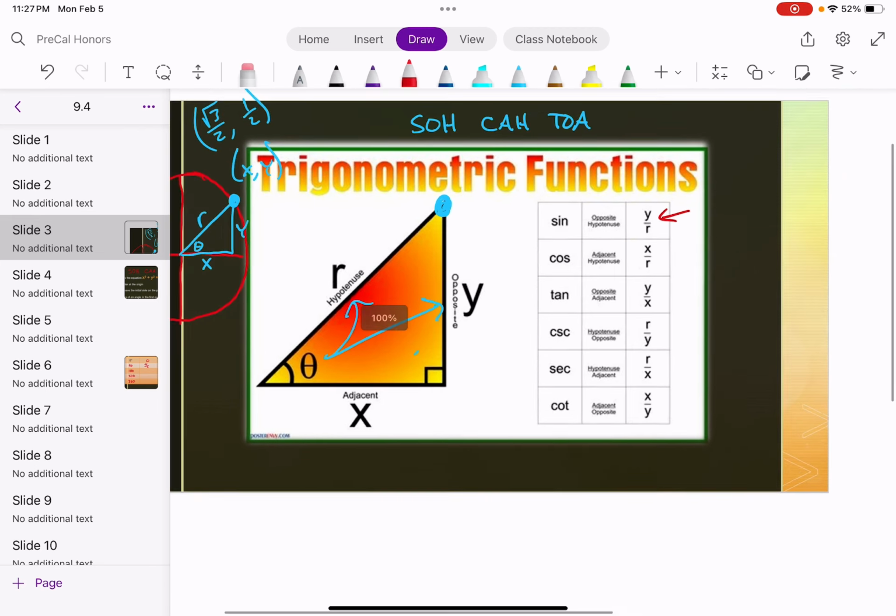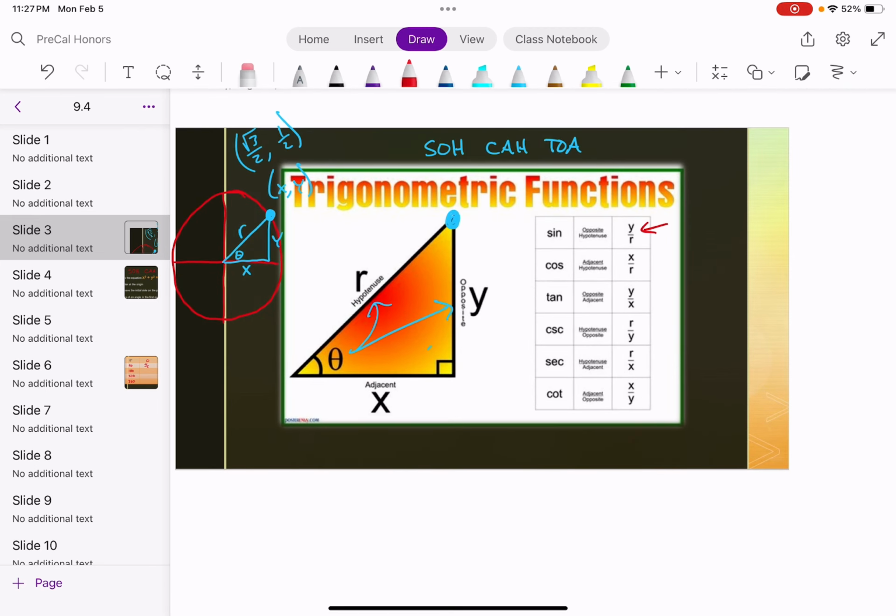And that can be done for every single one of your trig functions, whether it's sine, cosine, tangent, or your inverses. Now the inverses are a little bit easier to remember because remember, you're just looking at the reciprocal of those. So let's start taking a look at slide 4.